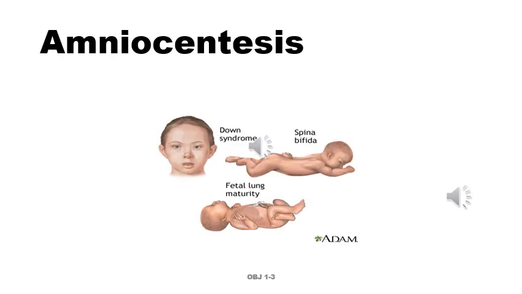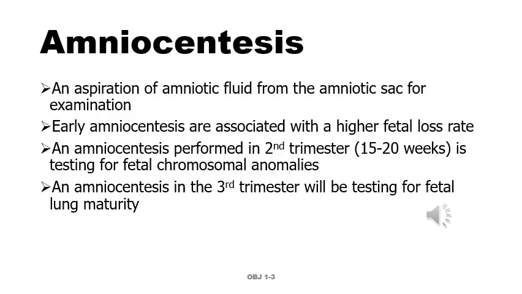So the next couple slides are going to be discussing amniocentesis. This is when you take an aspiration of amniotic fluid from the amniotic sac for examination. You go through the mother's abdomen to get to the amniotic sac.